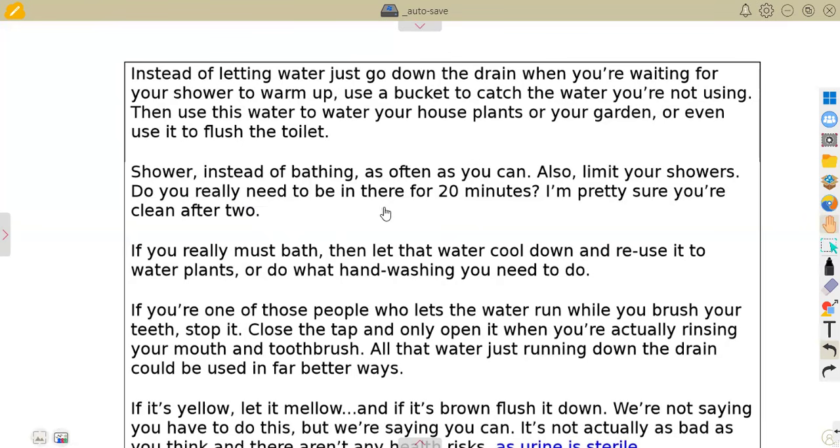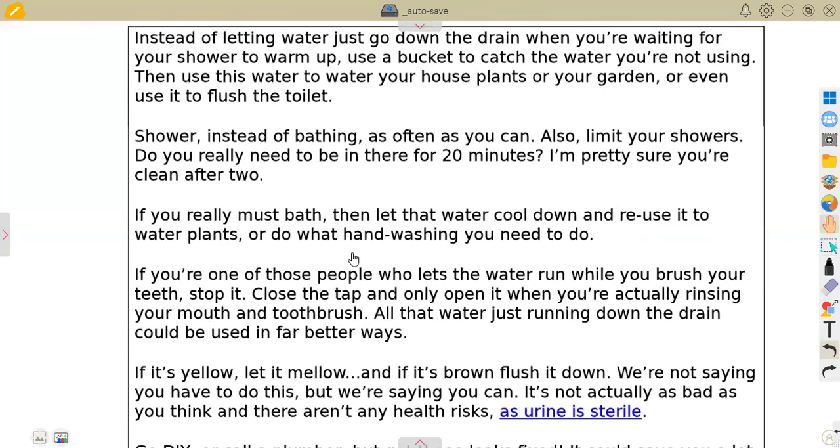How much quantity of water would you be using? So the bucket system here has to be engaged in. The writer is highlighting to us that the water usage must be dropped indeed. And then it continues, I am pretty sure you are clean after 2 days.